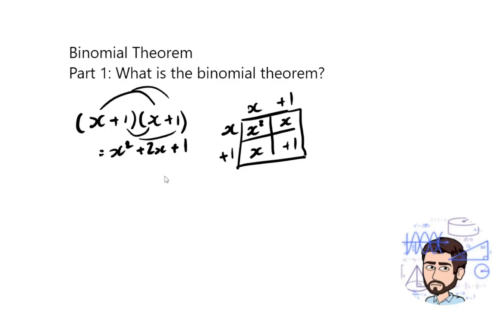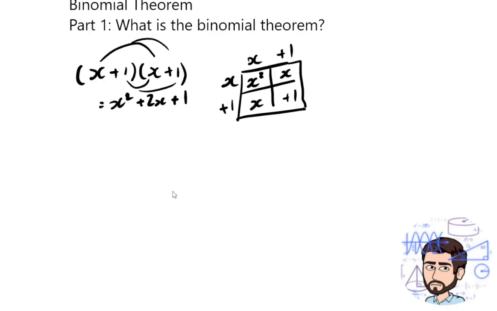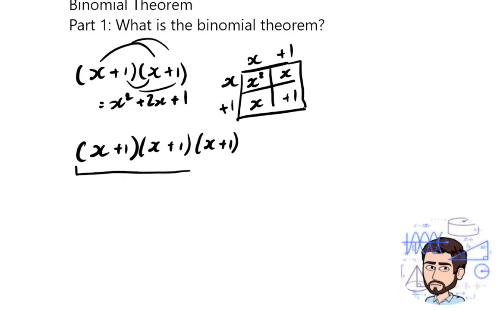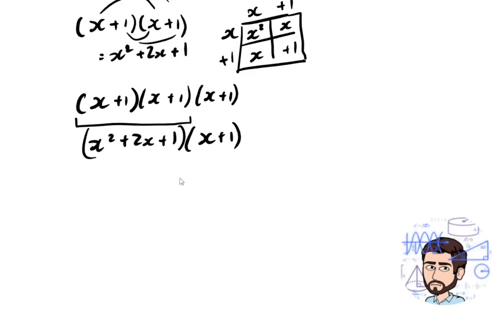Now, expanding double brackets is pretty nice. But what happens if we wanted to expand triple brackets? Well, if I wanted to work this out, then I could expand the first two, which I already know is x squared plus 2x plus 1. And then I just need to combine it with the third bracket, which is x plus 1. So I can again use the grid, but I need a bit of an extended grid this time.